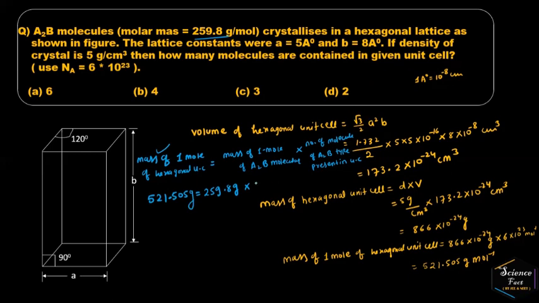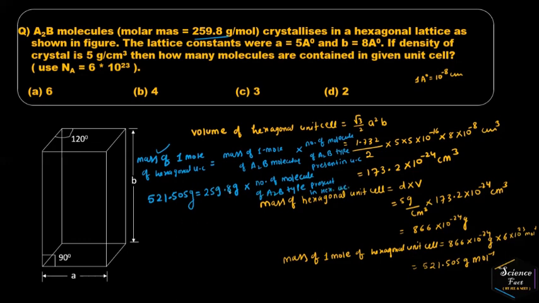So the number of molecules of A2B type present in the unit cell, in the hexagonal unit cell.